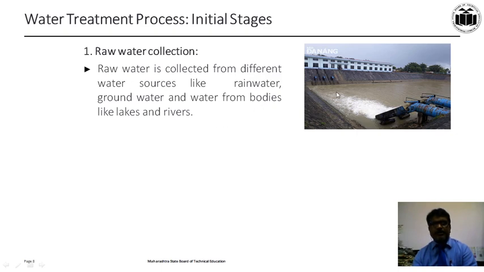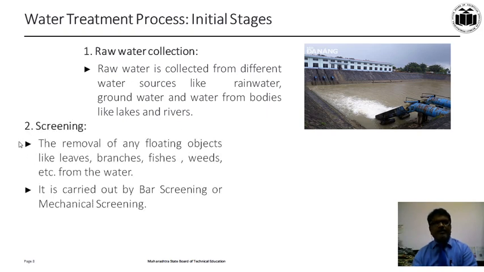Here the raw water collection is done, and then it is discharged into the water treatment plant for various treatment processes. The very first treatment process in the treatment plant is screening.